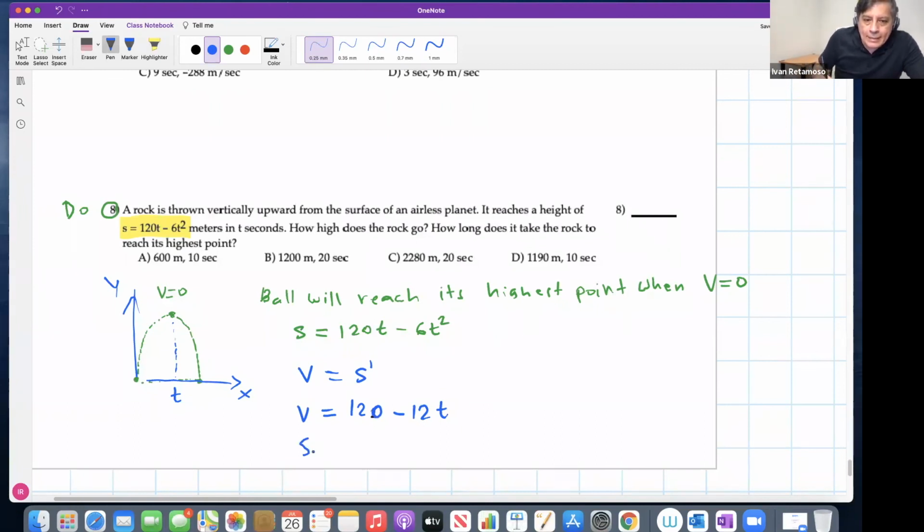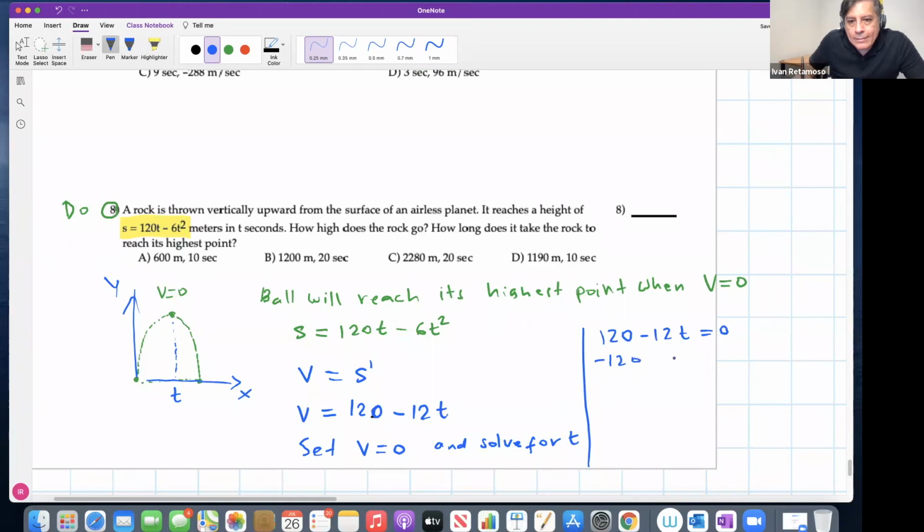Right, now set v equal to 0 and solve for t. That's gonna give us the time, right? So we're gonna set this equal to 0, solve for t, and that should give us the time.